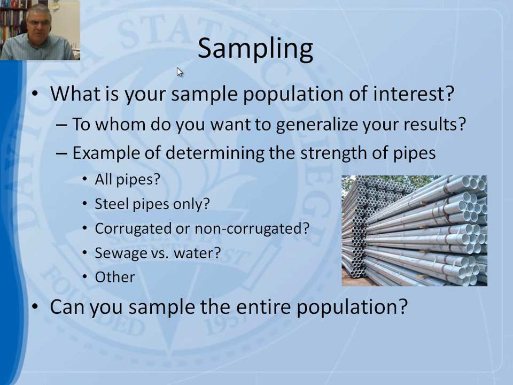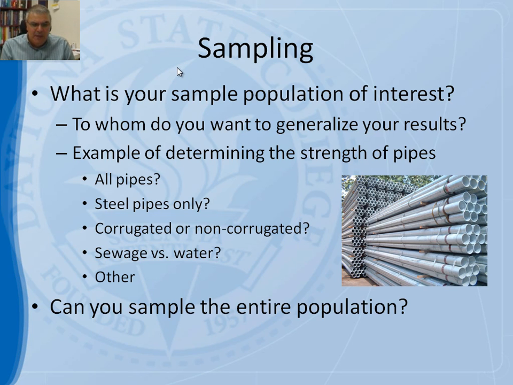Some companies make both sewage and water pipelines. Again, what type of pipe is it? Is it used for sewage pipes or water pipes and what have you? Again, this is just an example to show you different aspects of how a sample population of interest could affect the data.